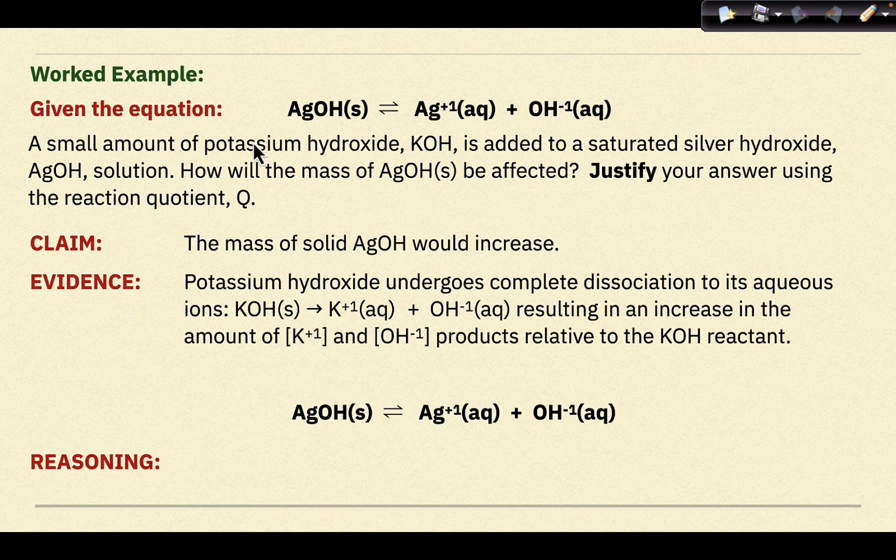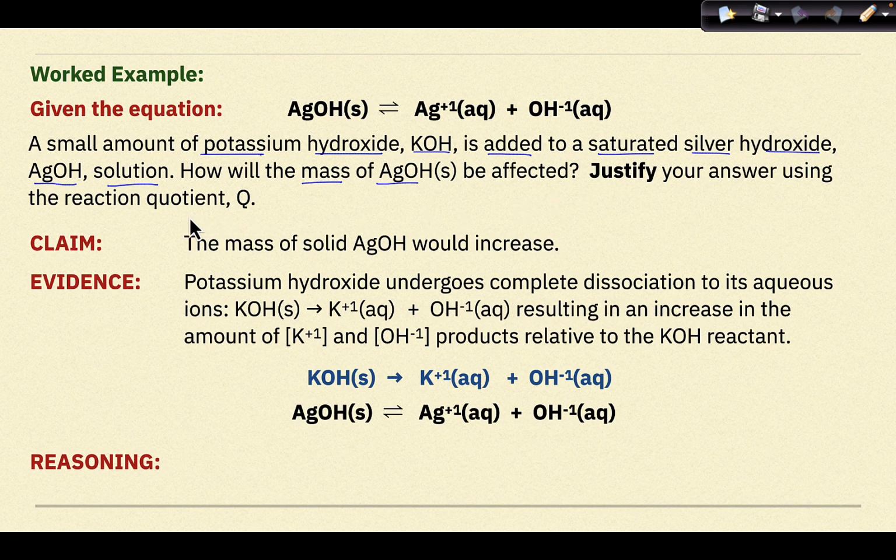Worked example. Given the equation AgOH solid dissociates to form Ag+ ions and OH- ions, a small amount of potassium hydroxide, KOH, as we see right here, is added to a saturated silver hydroxide, AgOH solution. How will the mass of AgOH solid be affected?